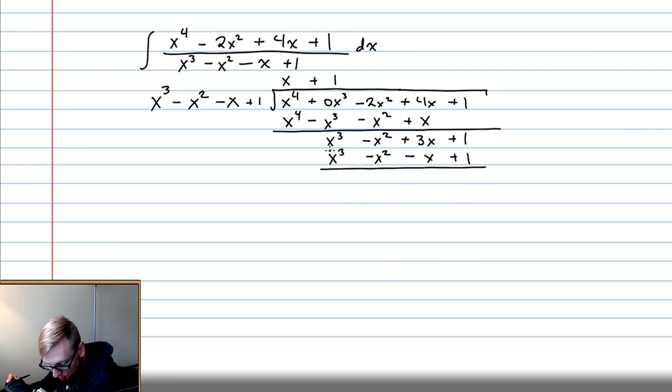And now we're going to subtract. This will cancel out. This will 0. This one will cancel out. 1 minus 1 is 0. And then this will be a 4x, right? There's our remainder.